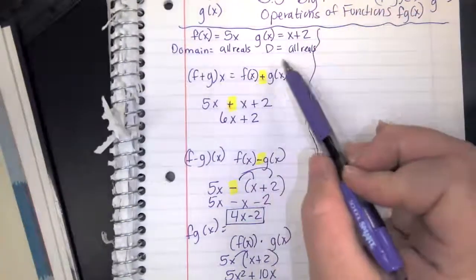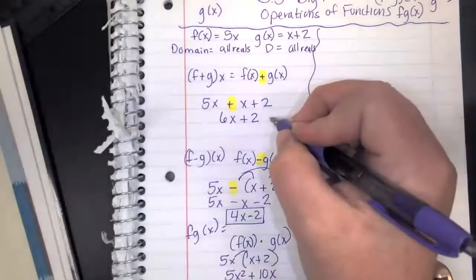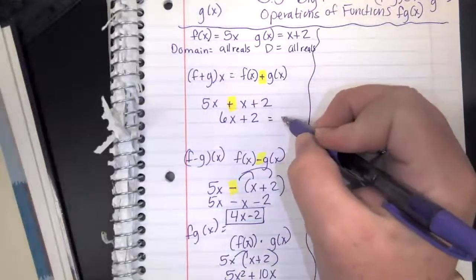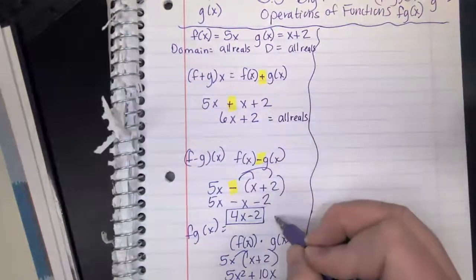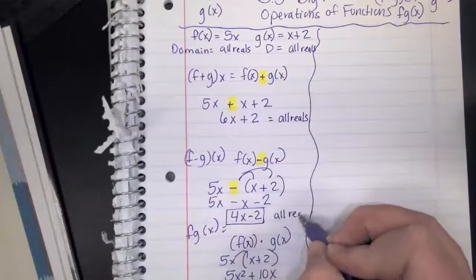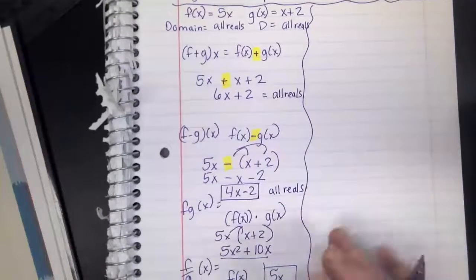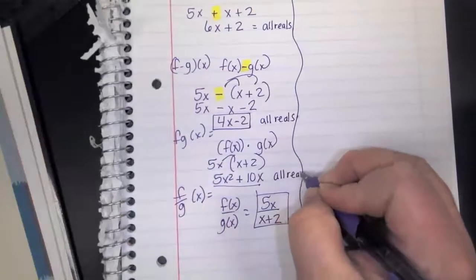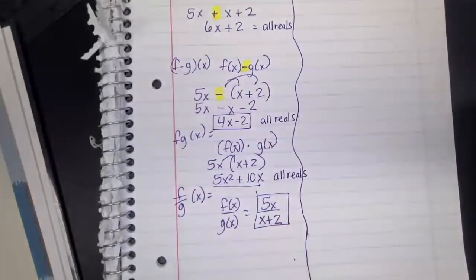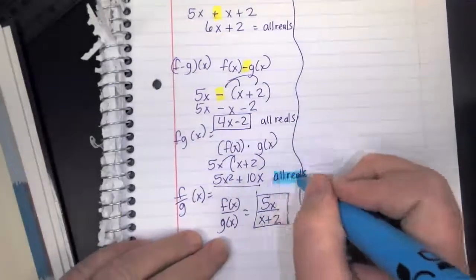So when you put them together, the domain of the new function is still all reals. And for this, it's all reals. And for this one, it's all reals. Sometimes I like to refer to this domain as curfew, okay?